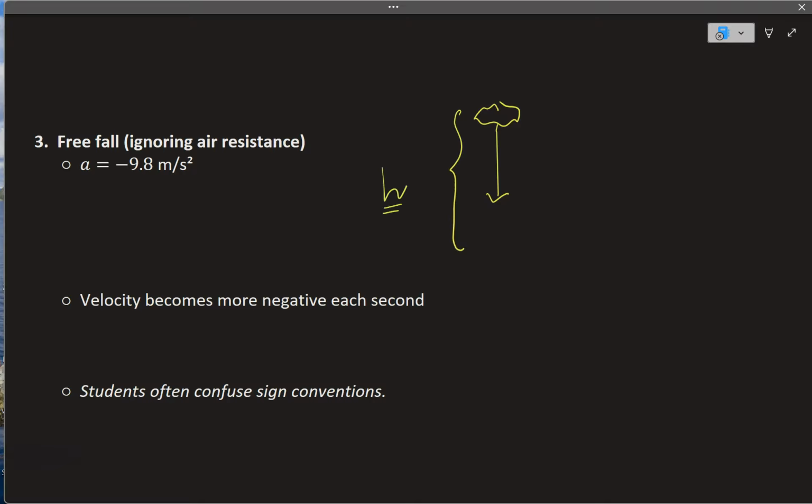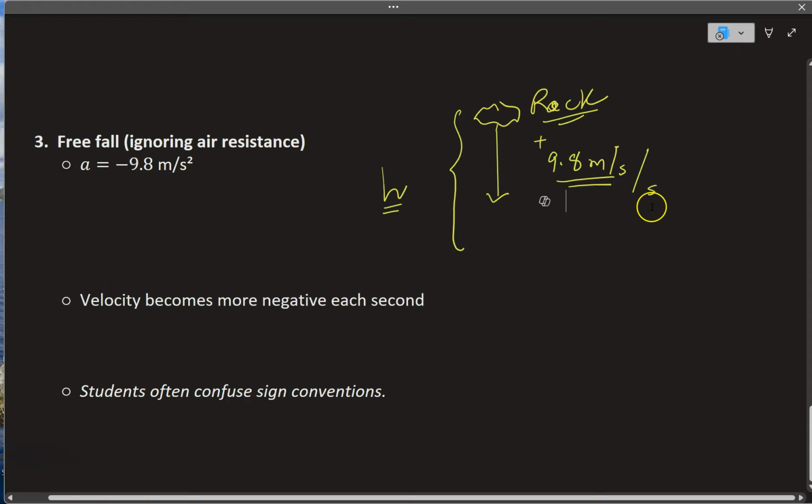The moment you let go of that rock, it will pick up speed at the rate of 9.8 meters per second per second. That means it becomes faster and faster every second by 9.8 meters per second.